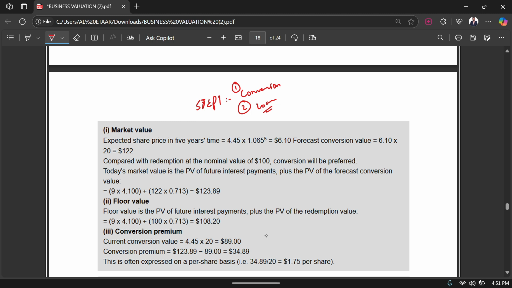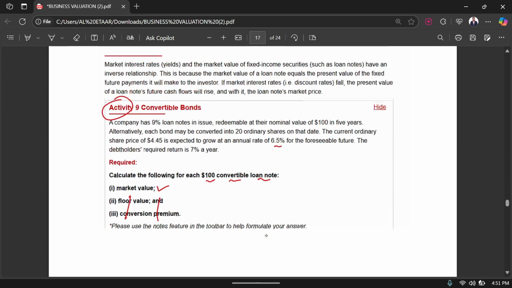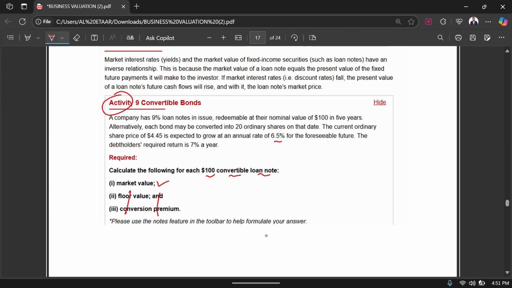For that, we basically use a formula. First of all, we check what the price is going to be. So the expected share price in 5 years' time is something we calculate, because the period of this convertible loan note is 5 years. After 5 years, the investor will have the option whether to convert or not, so I need to check what the share price is after 5 years.